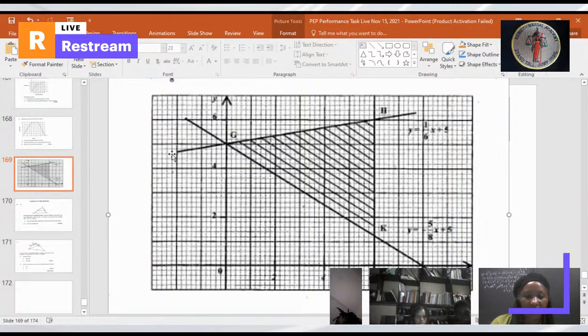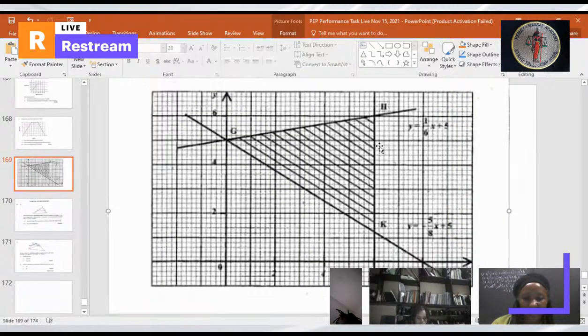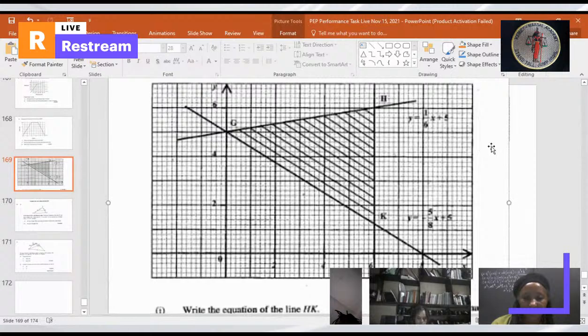On the other side, this line here is the line y equals 1/6 x plus 5. This also bounds the shape. They want you to tell them what is the equation of this line, HK. It would be y equals 1/6 minus 5/8 x plus 5.